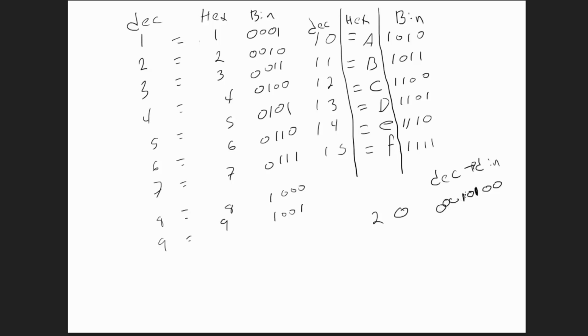I'm trying to do them in groups of 8. So that would be decimal to binary. Oh, I put my B wrong. So if this is our decimal number 20, that would be our binary number 16, 8, 4.